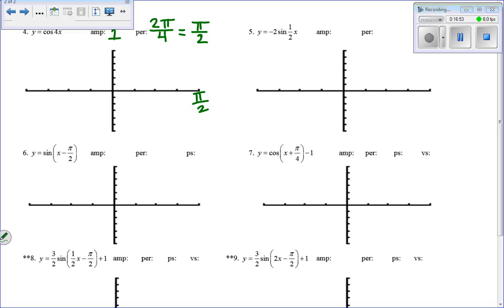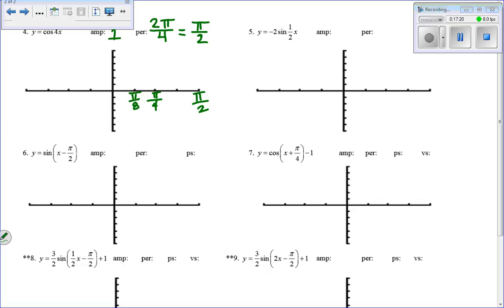So when we look at pi over 2, if we go half that distance, what's this value here? Pi over 4. Now labeling your other hash marks, and I do need you to do this. Half of pi over 4, what's this value? Pi over 8. So each hash mark is an 8.